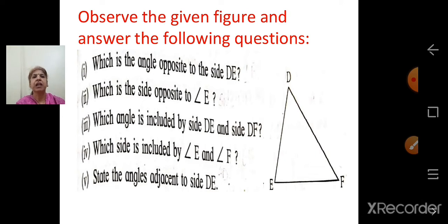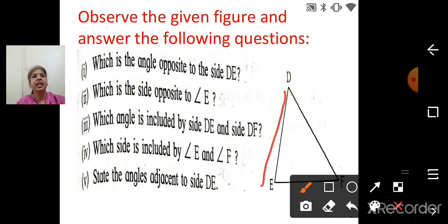So, children, now answers. Which is the angle opposite to side DE? So, you know that this is side DE, right? So, angle opposite to it is angle F. This is the angle F. So, angle F, single letter or 3-letter, then DFE or EFD.